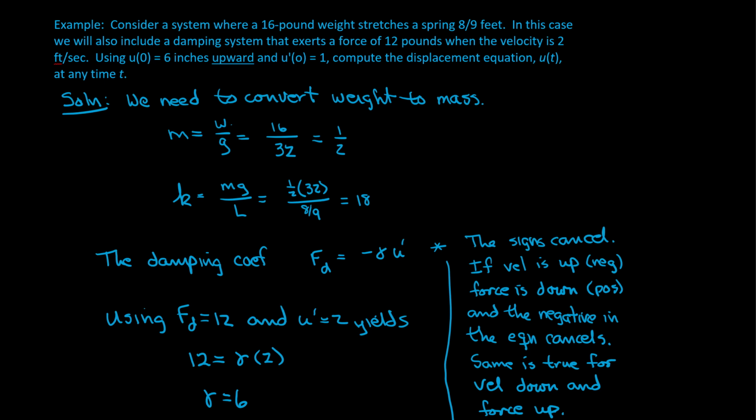If we use our initial position as 6 inches upward, be careful, upward is going to mean negative, and u prime of 0 equals 1. That's a velocity of 1 foot per second. Notice the velocity is positive. That means the velocity is moving downward. So what's happened is the mass is 6 inches above the natural position, but moving downward with a velocity of 1 foot per second. In this case, you're asked to compute the displacement equation for any time t.